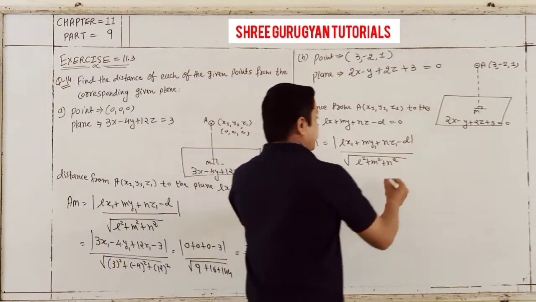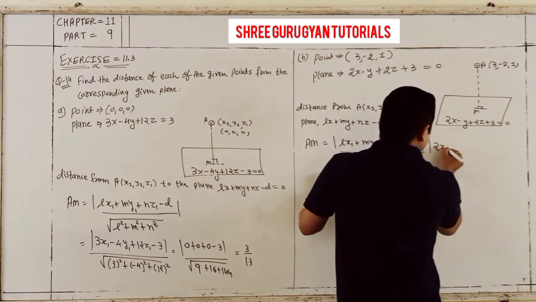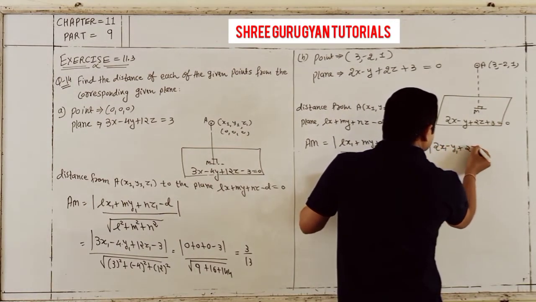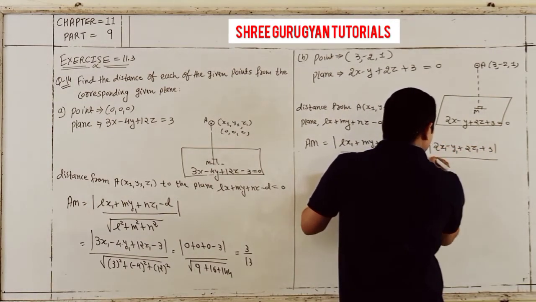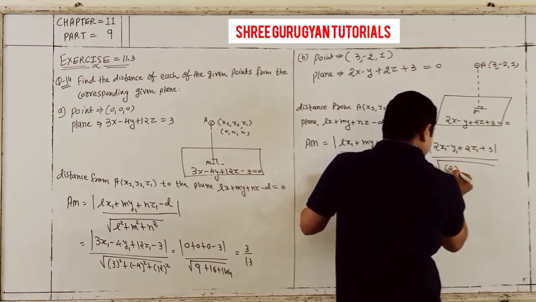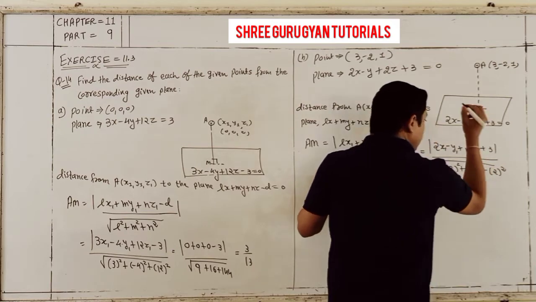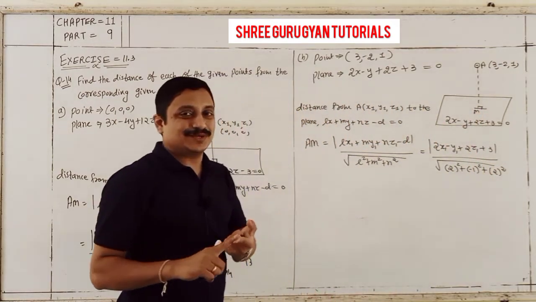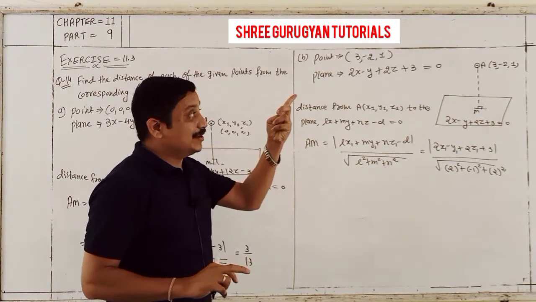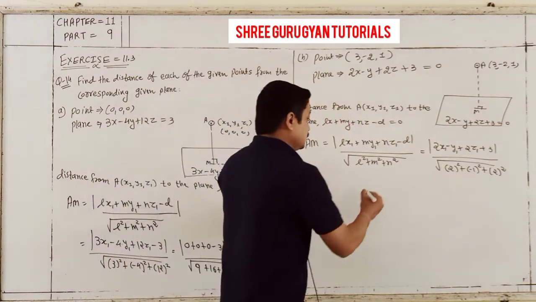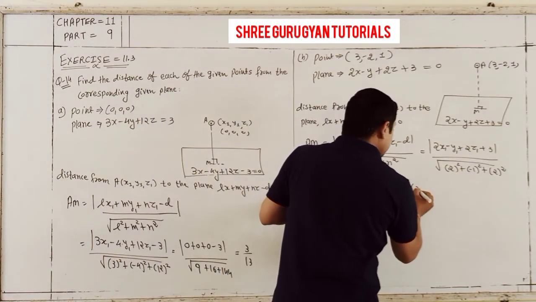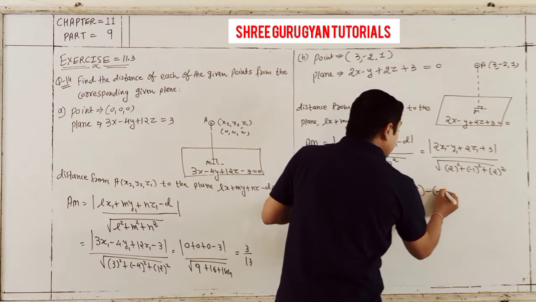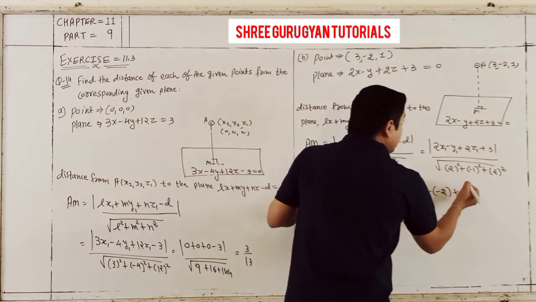So applying the values: 2x1 minus y1 plus 2z1 plus 3 upon the square root of 2 square plus minus 1 square plus 2 square. Apply x1, y1, z1 as 3, minus 2, 1. So 2 times 3 is 6, y1 is minus 2, z1 is 1.